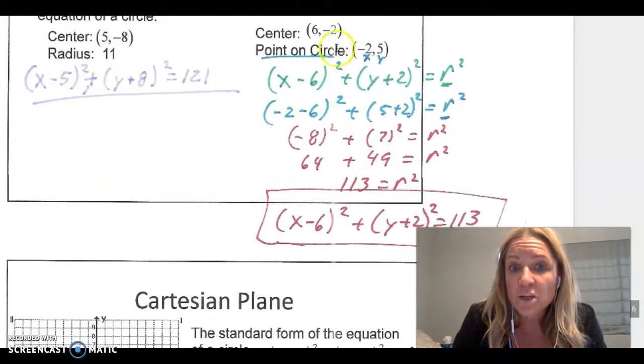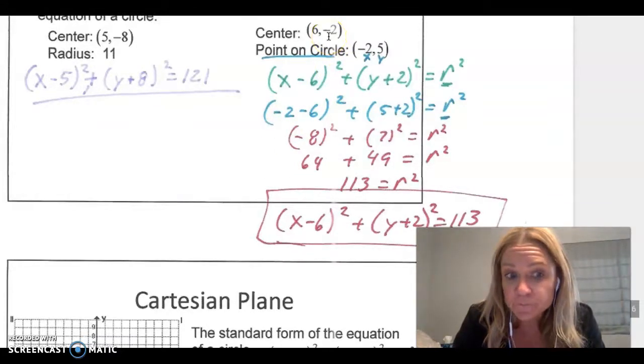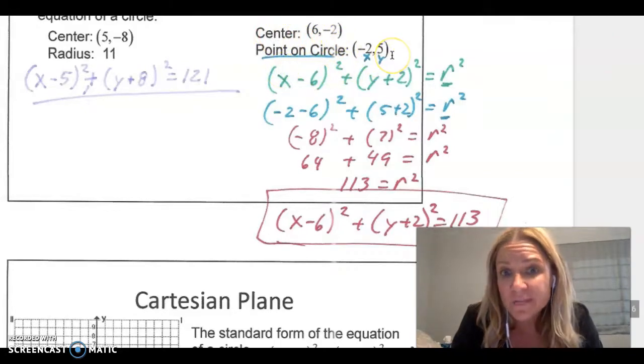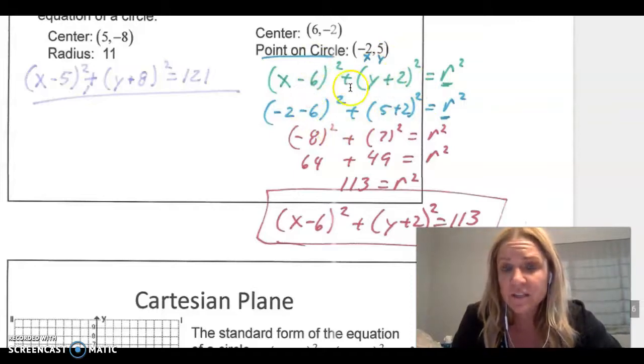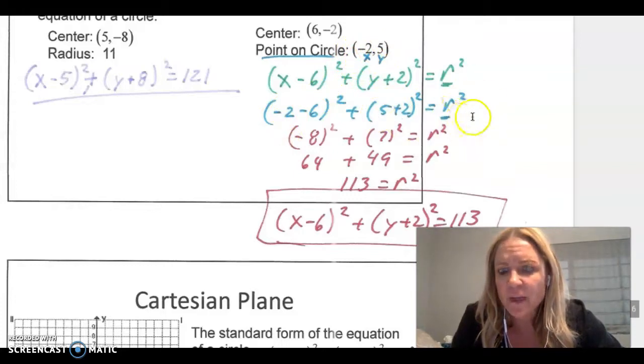And then if we know the center is at 6, -2, and we know a point on the circle, we can actually calculate where that's going to be at. So we're going to take the 6 and plug it in here, the -2 and plug it in here. And then we know one of the points, so I'm going to plug that -2 in here, that 5 in here. And guess what? We haven't got the radius yet.